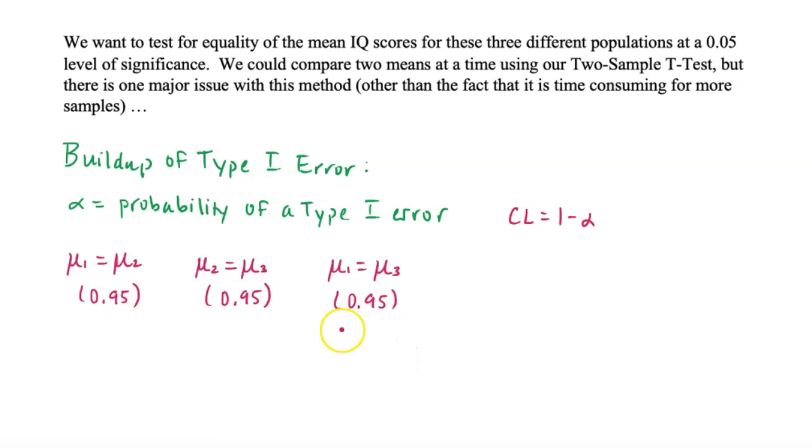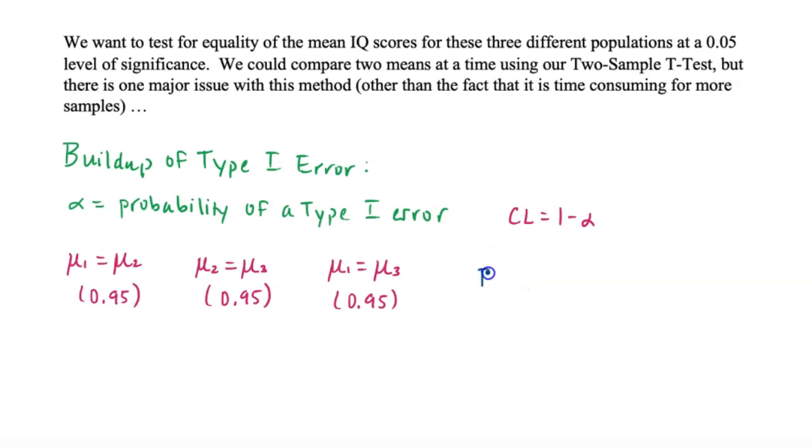Now if I think of this crudely, that I have a 95% chance that I won't have a type 1 error in each of these 3 cases, then what's the probability that all of these events will occur? In other words, what is the probability that there will be no type 1 error in all 3 experiments if they are performed simultaneously? Well, let's remember back to statistics 1, when we talked about basic probability.